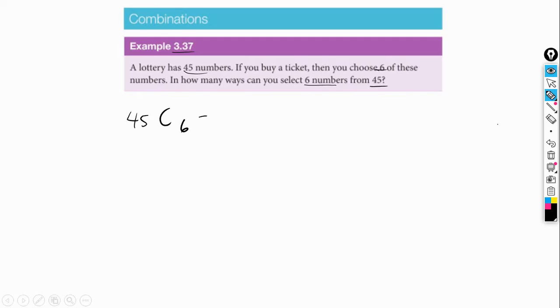So this is going to equal 45 factorial divided by 6 factorial times 45 minus 6 factorial. Now we're not going to do it by hand. I'll just plug it into the calculator, and it would give 8,145,060 different ways you can select 6 numbers from 45 options.